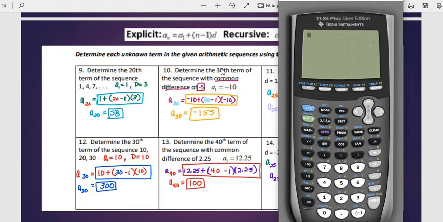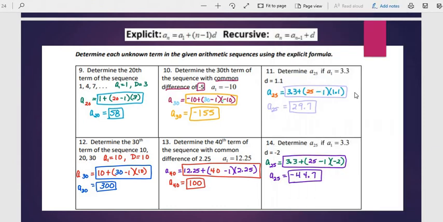Now, look right here for the 30th term. Remember, these two must match. Right here, the n's must match. The first term is negative 10 right here. And your common difference right here is a negative 5. And I have made a mistake. So when you're looking at this right here, I'm going to correct that right now, this should be a negative 5 right here.